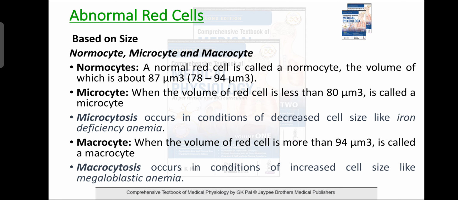Microcytosis is seen in conditions with less amount of hemoglobin due to less iron, as in iron deficiency anemia. Macrocytosis: when the volume of the RBC is more, the RBC become big in size, which occurs in megaloblastic anemia. Macrocytosis is increased RBC cell size.